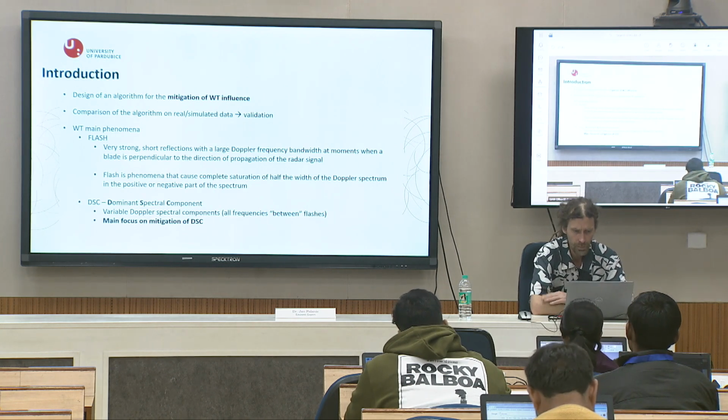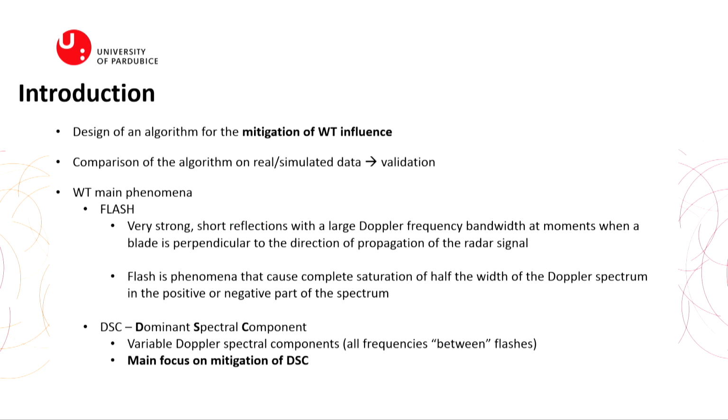So, a small recapitulation. During the first day I introduced you to the phenomena produced by a wind turbine: flash and the DSC component. Flash is a very strong, short reflection with large Doppler frequency that fills the whole spectrum, and generally any suppression of this flash will also lead to suppression of the real target.